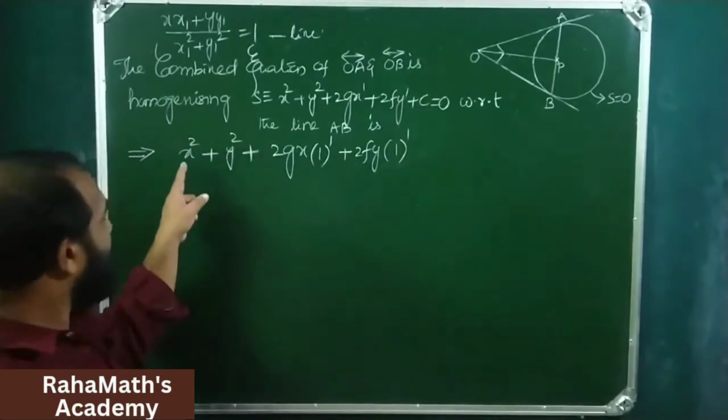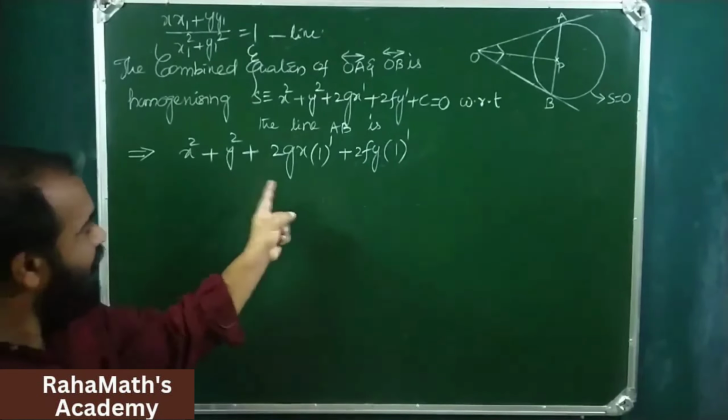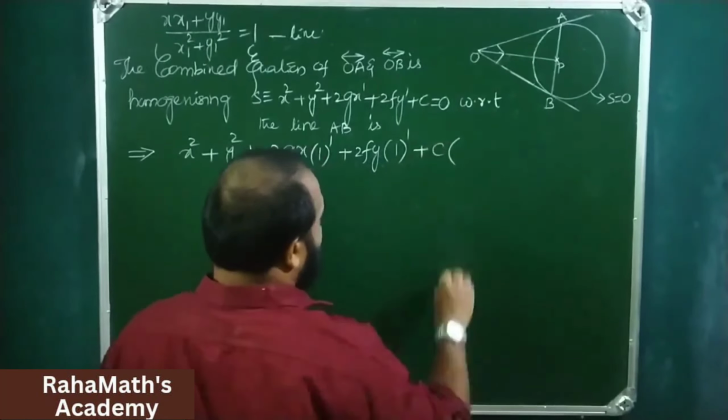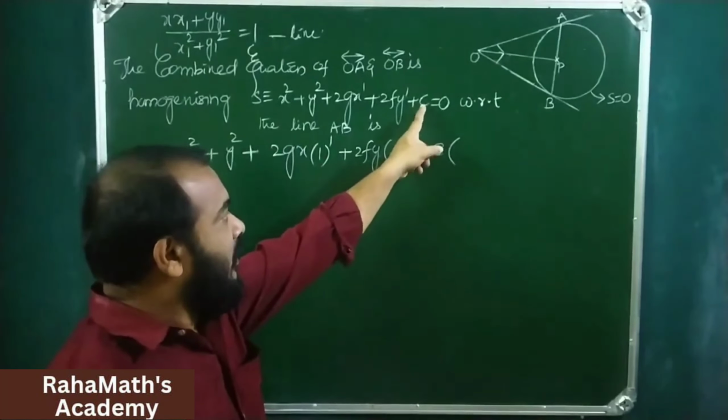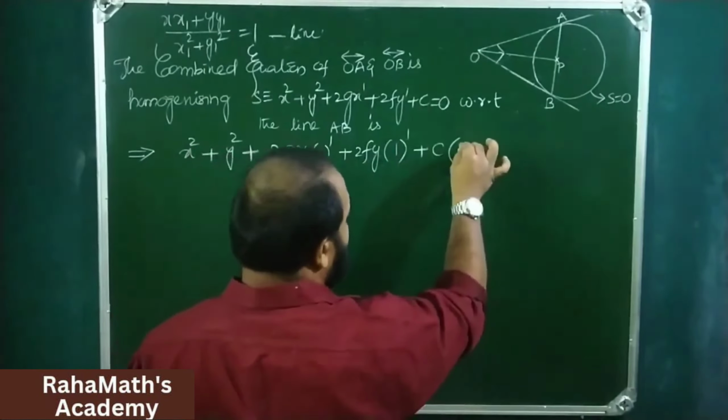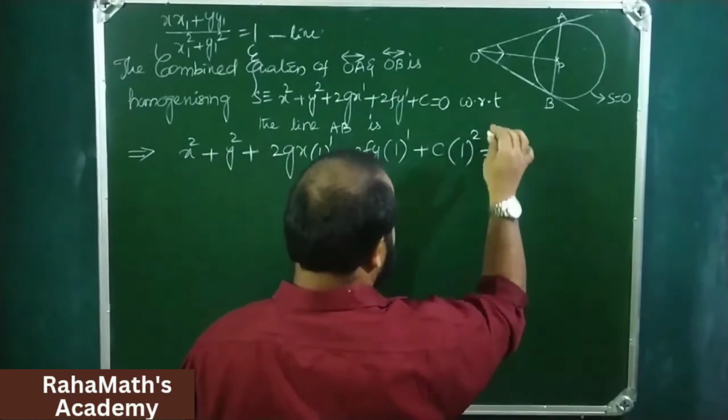Why? Because this is the second degree non-homogeneous equation, everywhere power 2 is to be maintained, plus c, it is neither x nor y, so its power is to be raised to 2, equals 0.